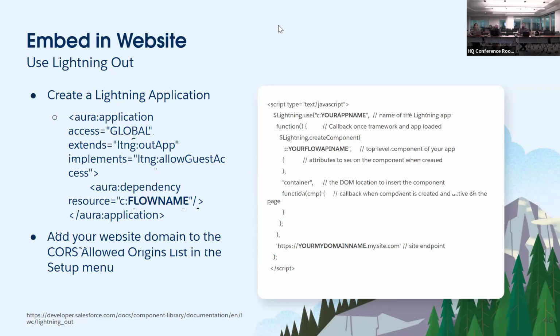I have all of the documentation linked down here. You can set up a Lightning Web Component with this Aura application and say that you want it to extend this Lightning Out capability and allow guest access. And then within your component, you are just referencing a flow name. So this is where you would reference your screen flow.